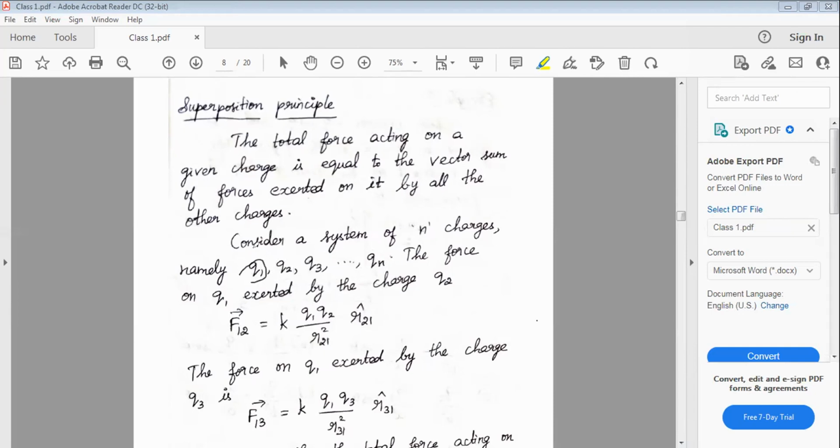On Q1, what is the force exerted by Q3? On Q1, what is the force exerted by Q4? Similarly, what is the force exerted by Qn?